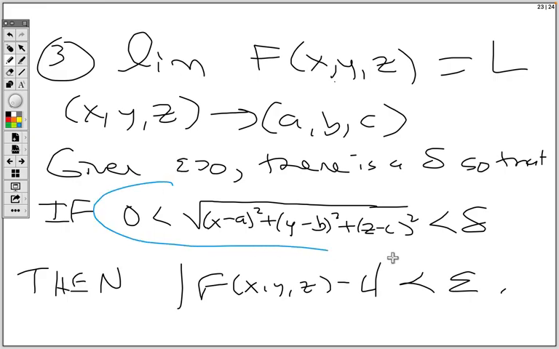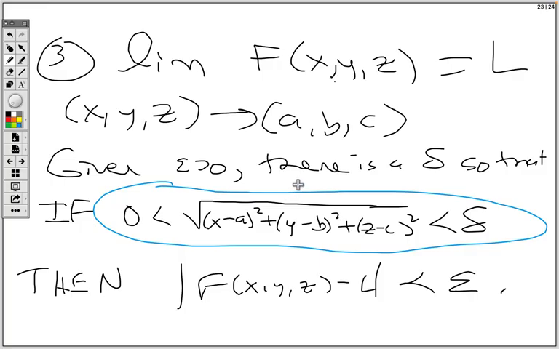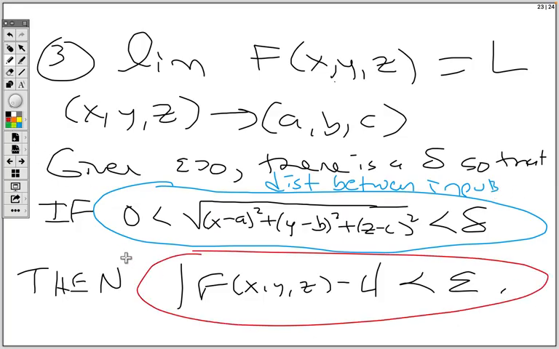So once again, this is the distance between inputs, distance between outputs. And one of the things I really want you to get out of Calc 3 and appreciate is that it's the same concepts as we generalize from 1 dimension to 2 dimensions to 3 dimensions. Okay?